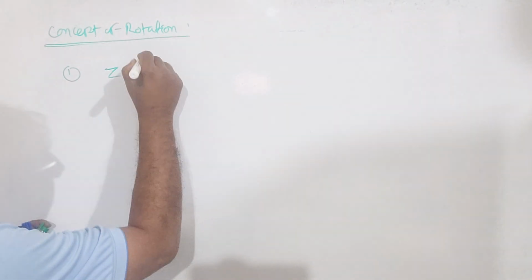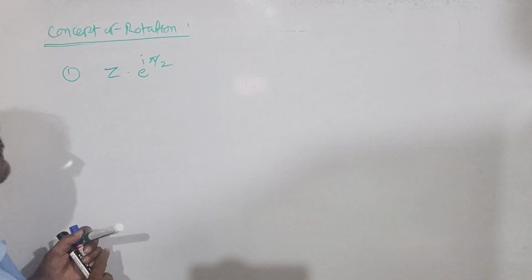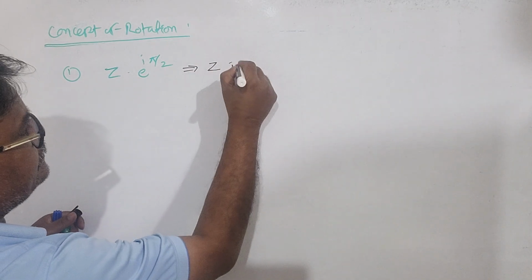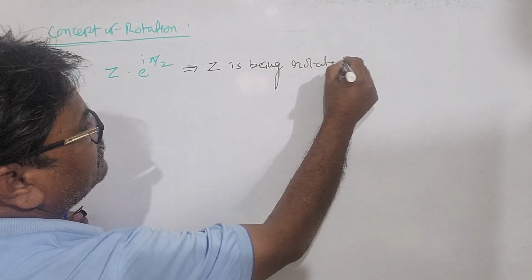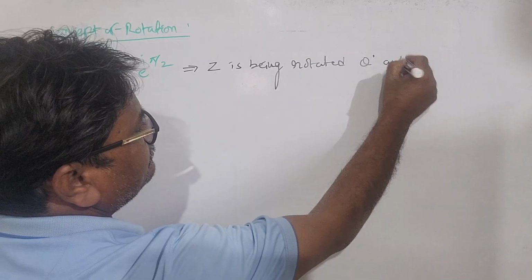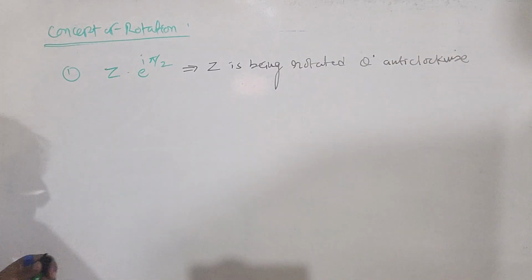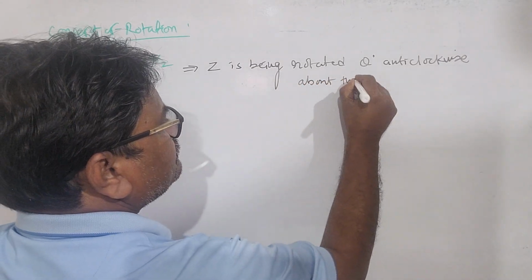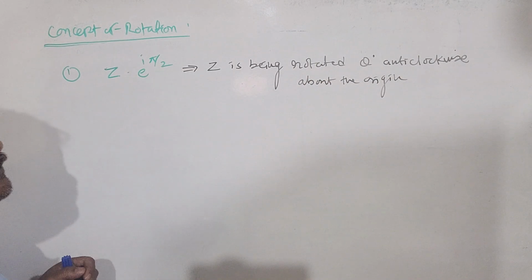So when z is multiplied by e to the power iota theta, we can understand that z is being rotated theta degree anti-clockwise about the origin. Correct? Now what is the new position after rotation?